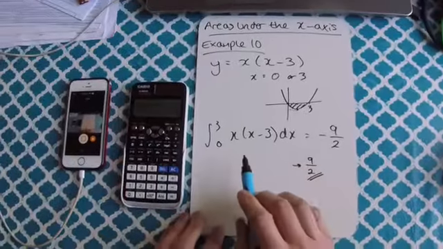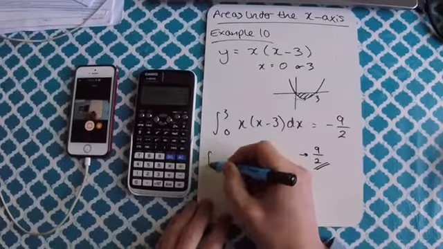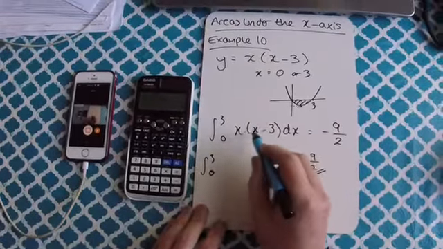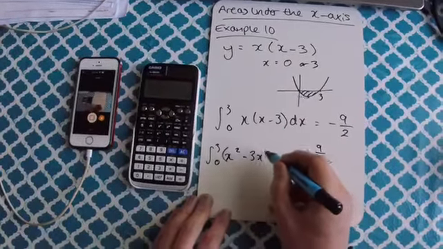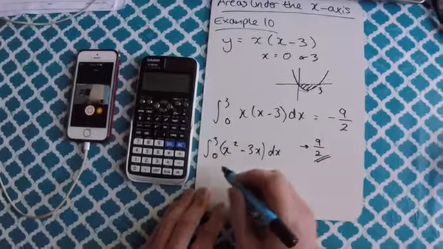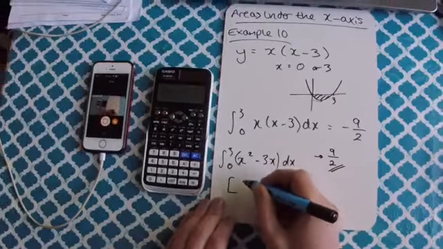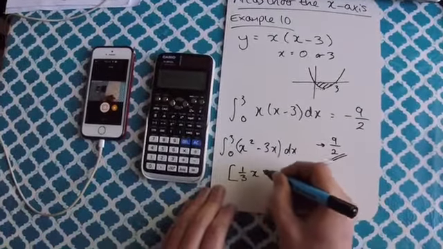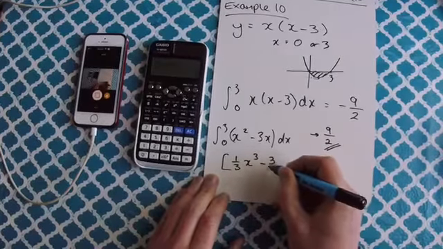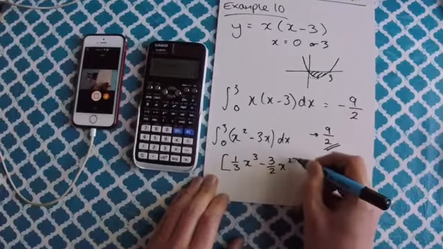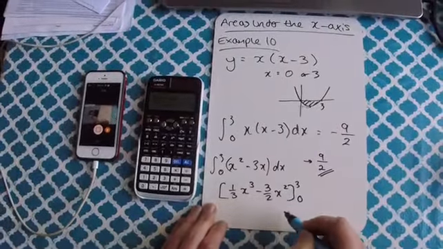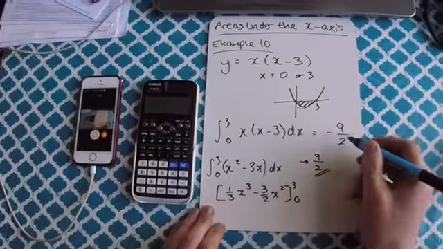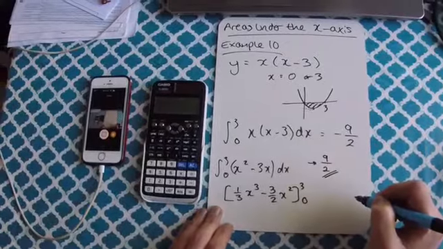So if we were going to integrate this properly, between 3 and 0, we'd want to expand out the brackets, and then we would integrate. And then we'd plug the 3 in, then we plug the 0 in, subtract them, find the difference, and we would get that negative 9 over 2.